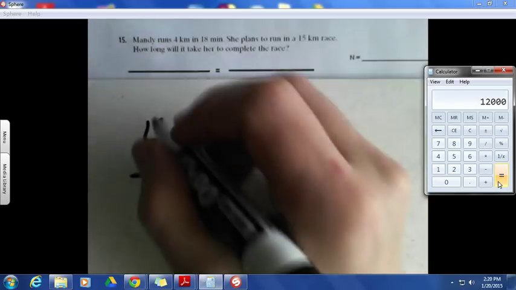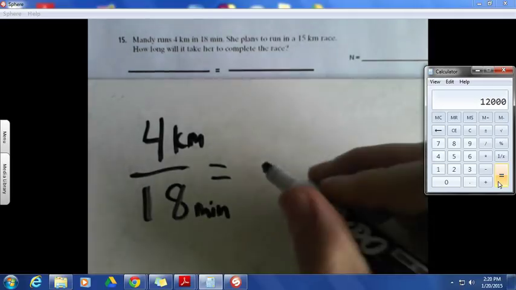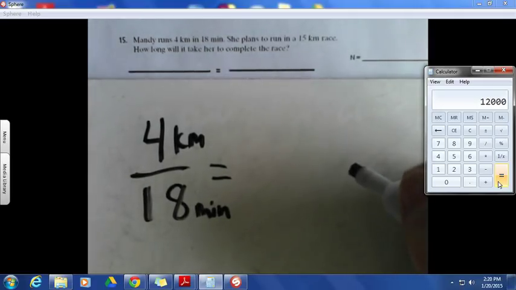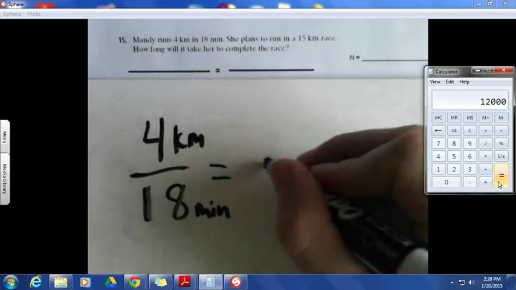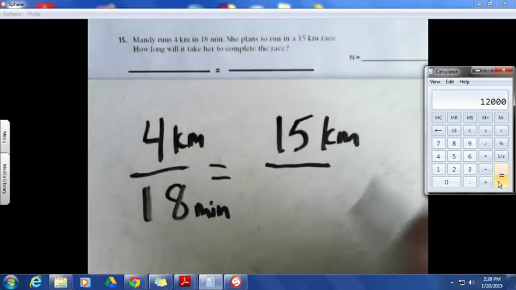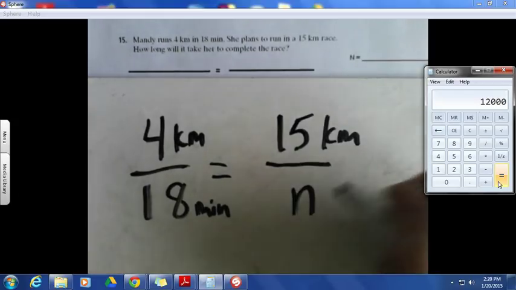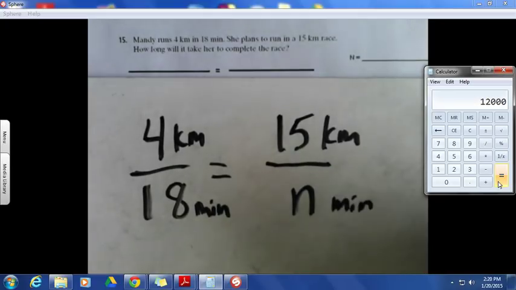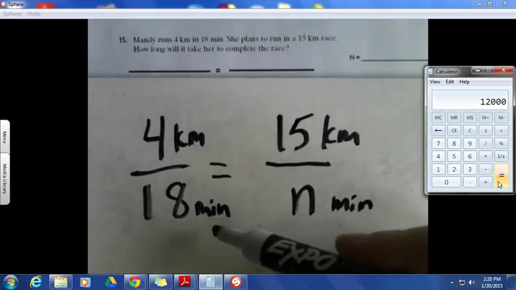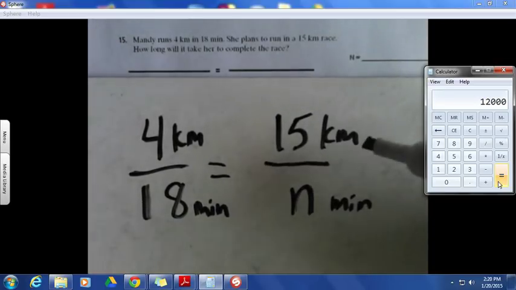This is kilometers. This is minutes. Sometimes it helps to put labels just to make sure I'm putting my numbers in the right place. Alright, and it says she plans to run a 15-kilometer race, and how many minutes will it take her to complete the race? So N is what we're looking for, and that's the number of minutes. So it takes her this long to run this far. How long will it take her to run this far?